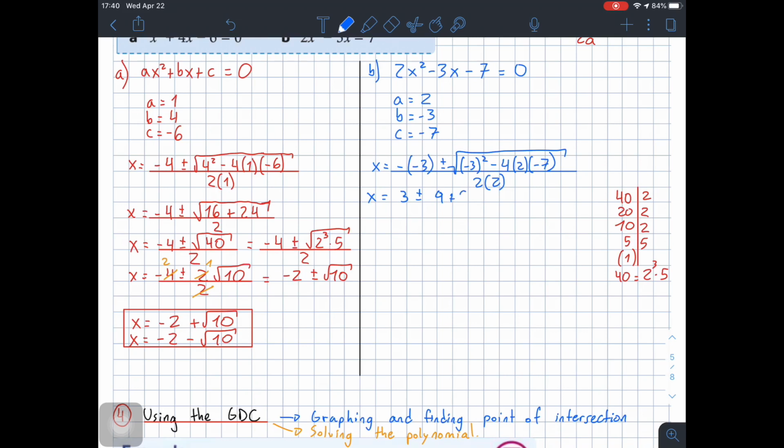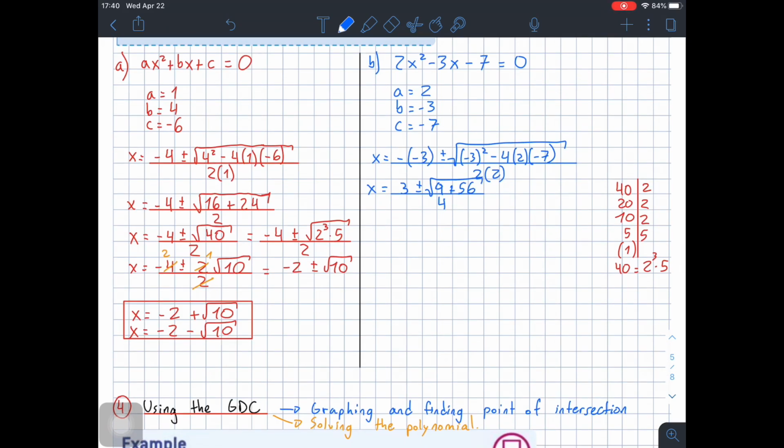So this is plus 56, divided by 4. So this is the same as saying 3 plus or minus the square root of 9 plus 56. That's 65. Square root of 65 over 4.